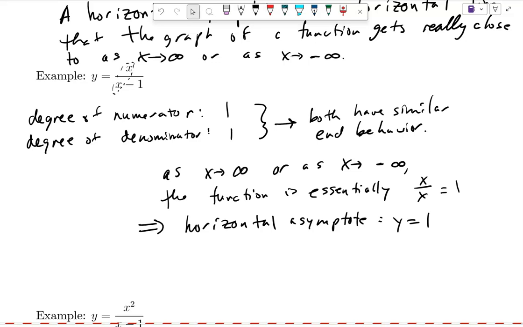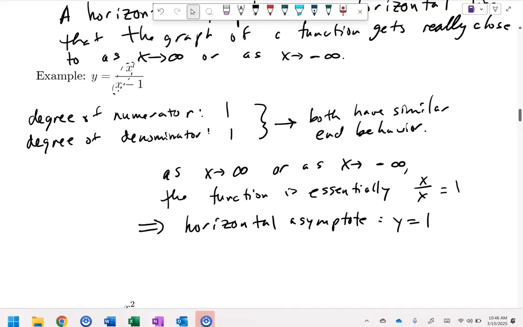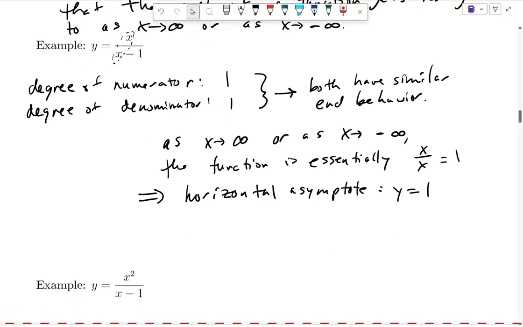Let's see if we can apply the same principle to the next part, looking at x squared over x minus 1. Again, think about it from an end behavior standpoint. For polynomials, what matters as far as end behavior goes?